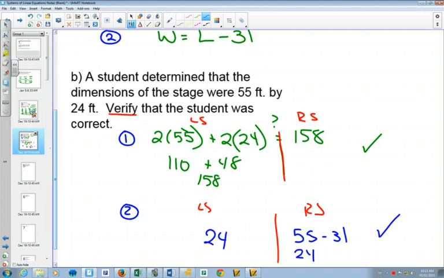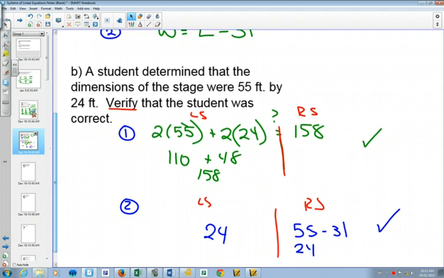So the second equation works as well. So the student is correct. The dimensions were 55 by 24. So that's what it means to verify.